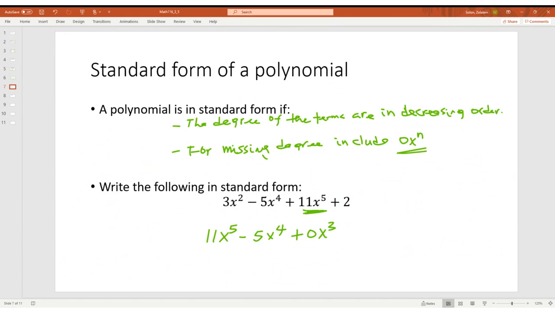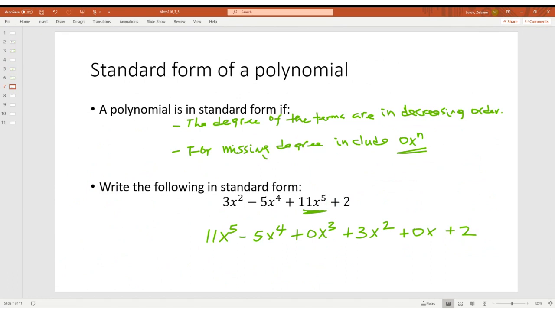Then we have 3 x to the power of 2. And we don't have degree 1, so again, we have to include 0x. Finally, we have the constant 2. So this is the standard form of this polynomial.